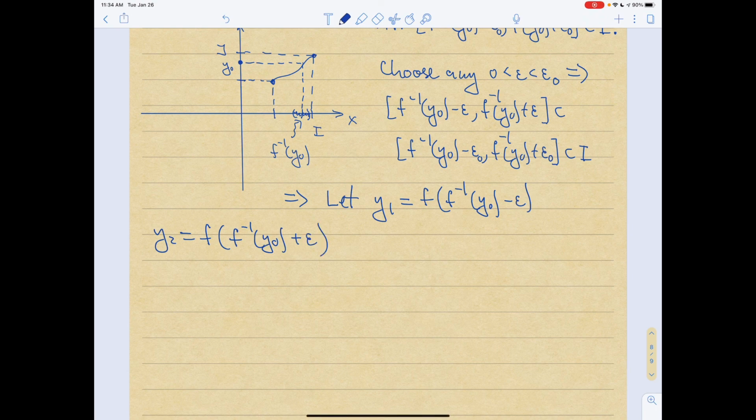Right, so f inverse of y0 minus epsilon and f inverse of y0 plus epsilon are 2 points inside this interval down here.